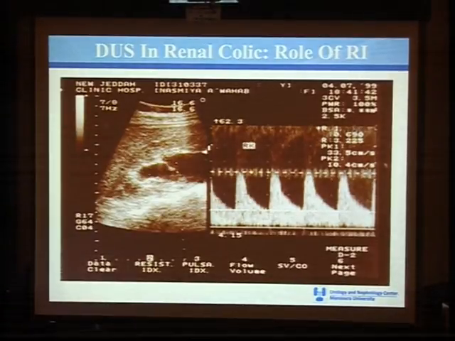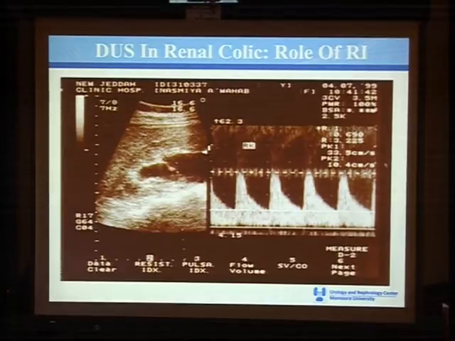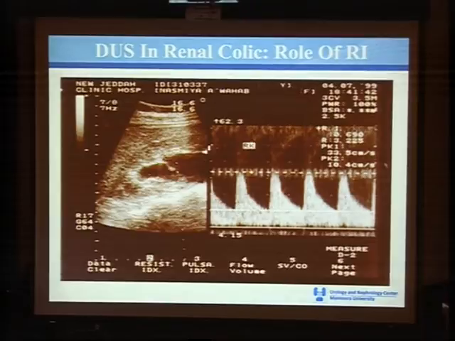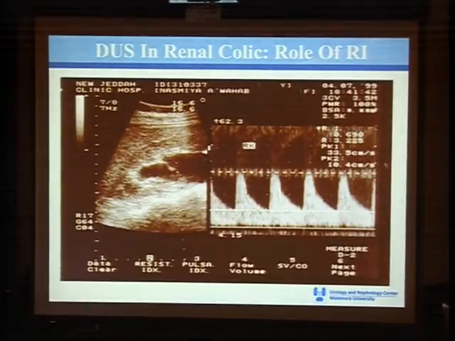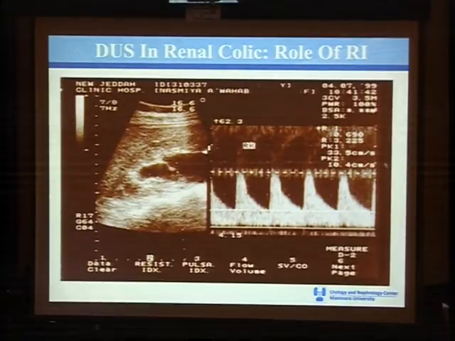The computer will automatically calculate the renal resistive index: peak systolic velocity minus end diastolic velocity divided by the peak systolic velocity. The normal value is 0.7. In cases of obstruction, the renal resistive index increases above 0.7.